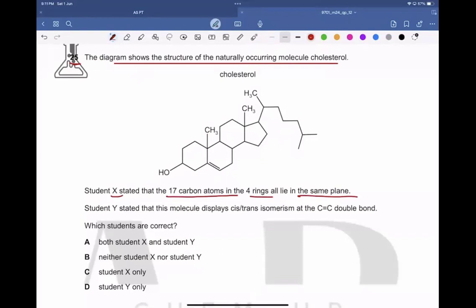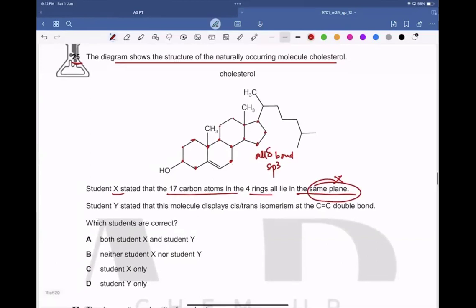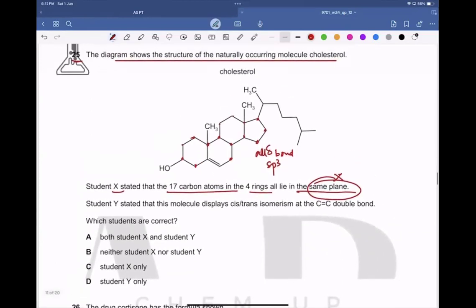So if you see, except for two, the rest of the carbons are all forming sigma bonds, which means sp3 hybridization. So they are not going to be present on the same plane because the bond angle is 109.5.